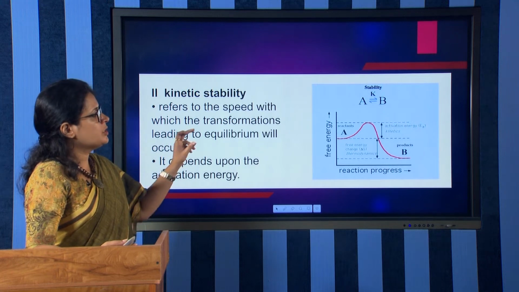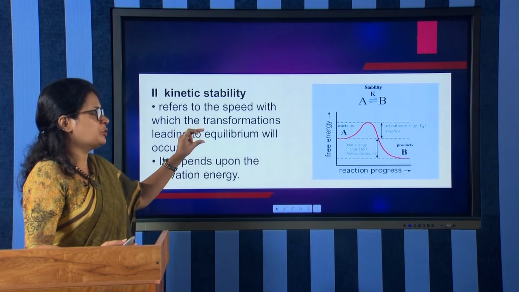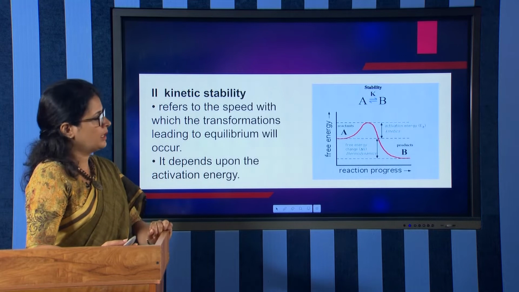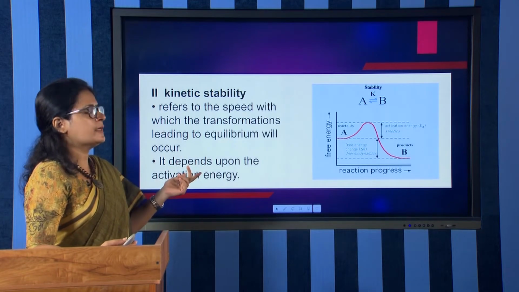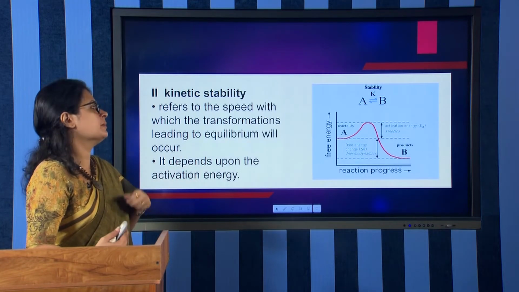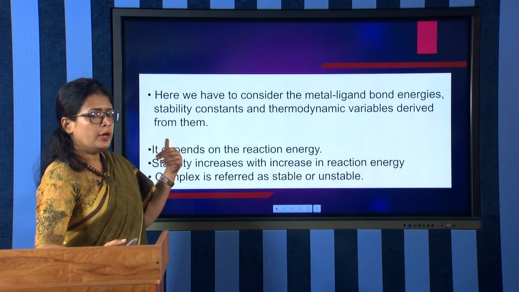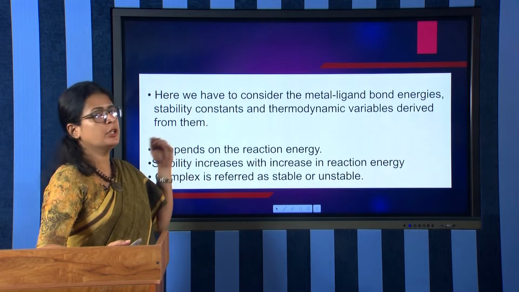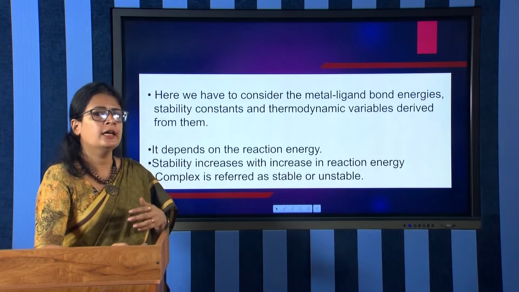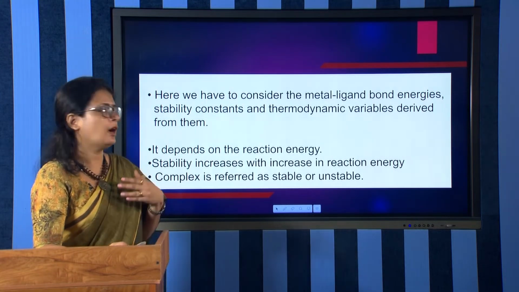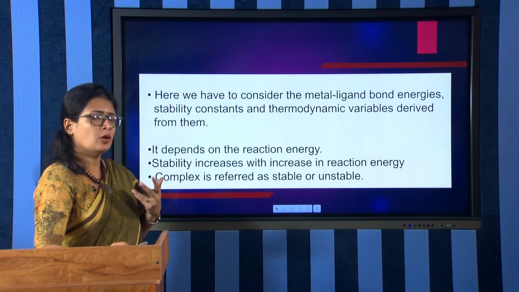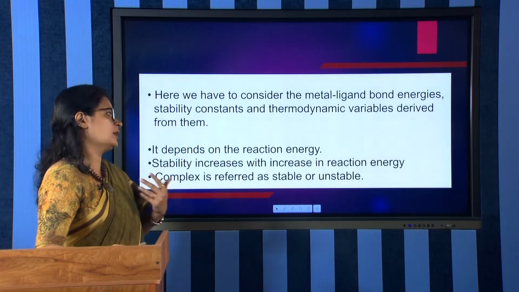The reaction energy is the energy difference between reactants and products. As the reaction energy increases, thermodynamic stability increases. So thermodynamic stability depends upon the reaction energy, and we refer to complexes as stable or unstable.